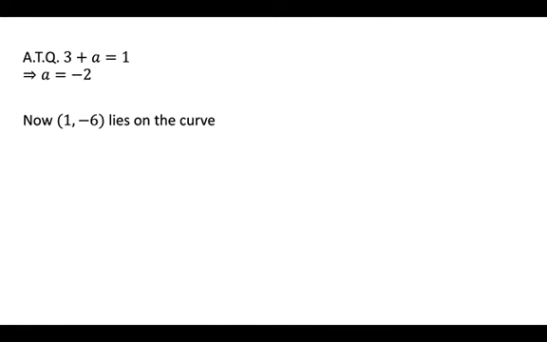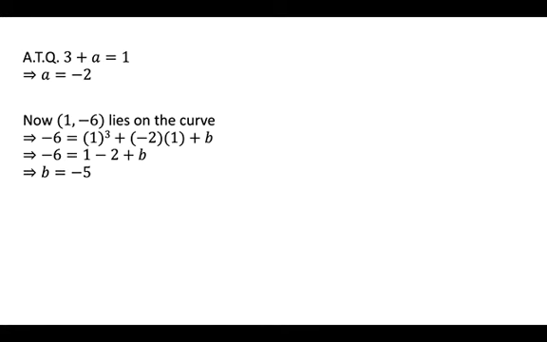As curve passes through the given point 1, minus 6, so put this in the equation of curve. Minus 6 equal to 1 cube plus minus 2 into 1 plus b, and we get minus 6 equal to 1 minus 2 plus b, and b equal to minus 5.